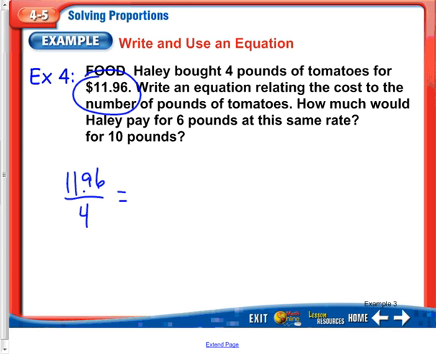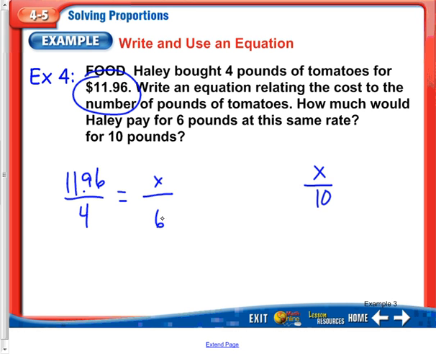And we want to know, what is that going to be equal to when we want to buy 6 pounds? And then we also want to know, what is it equal to when we buy 10 pounds? So we're going to find for 6 first, and then we'll figure out what we need to do to find for 10 pounds.